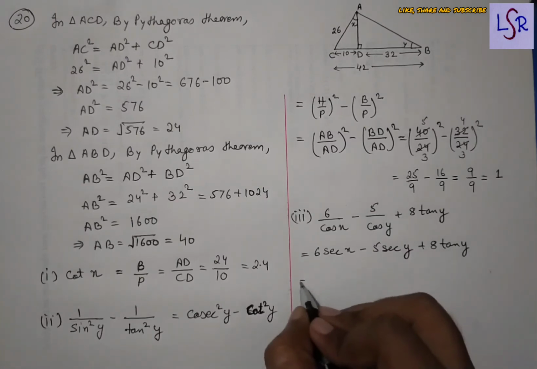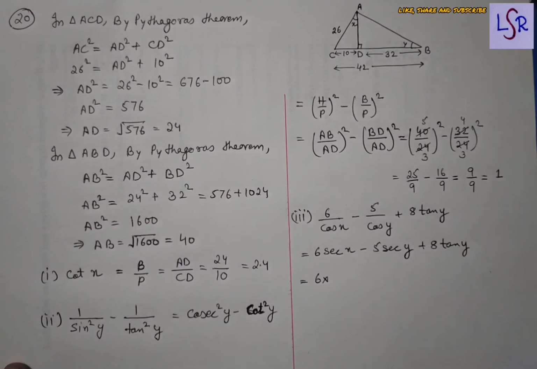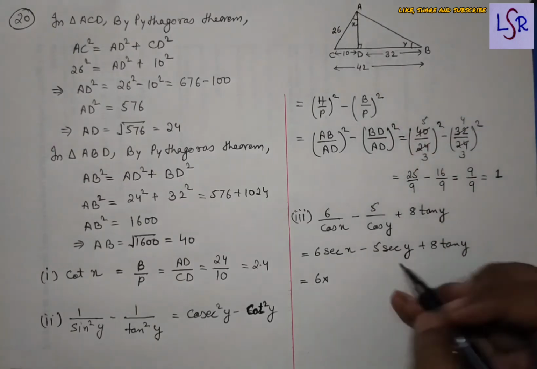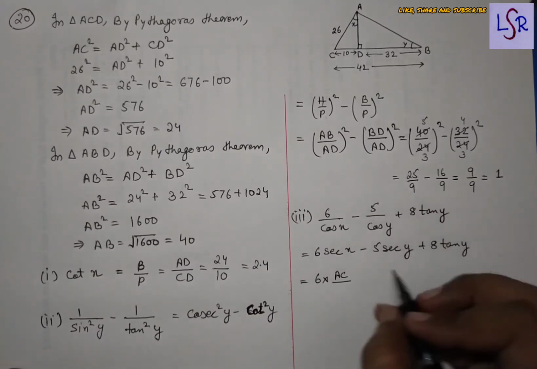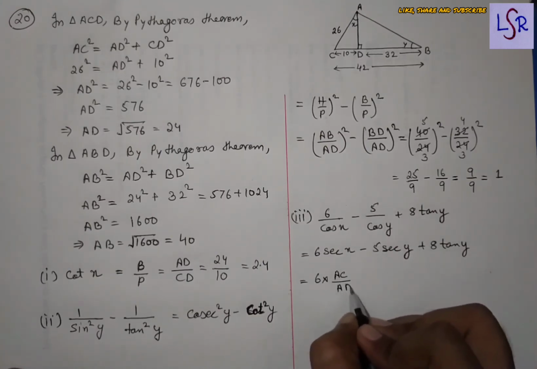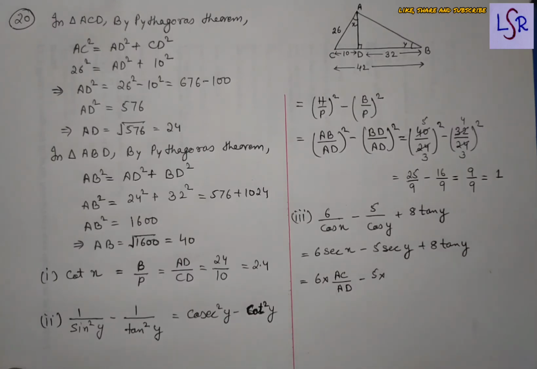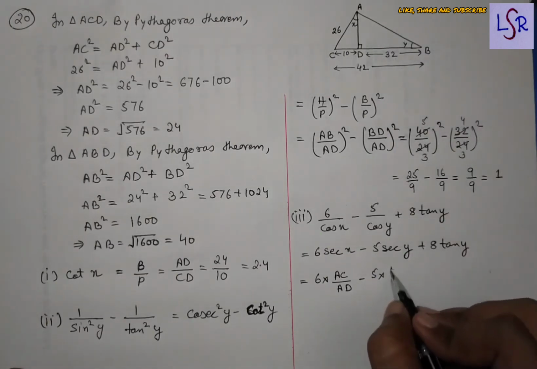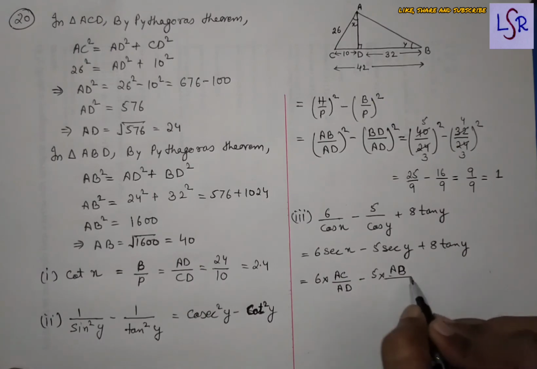Now sec is hypotenuse upon base, and for x, hypotenuse is this AC upon base AD, minus 5 into, for y, hypotenuse AB and base BD.